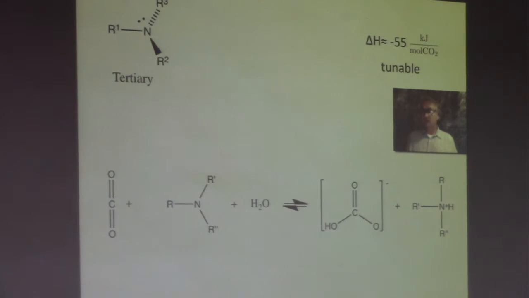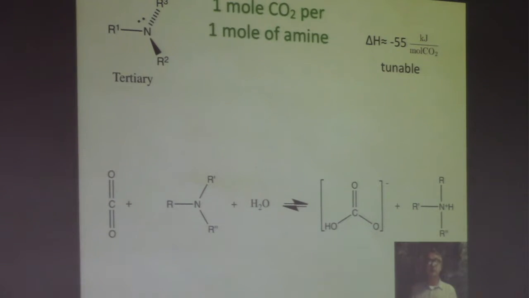And this means that for every mole of CO2 absorbed, we need only 1 mole of amine. So the advantage of the tertiary amine is that it's far more effective in terms of its use of amines, and it has a low and tunable heat of absorption. The disadvantage is that the rates of reaction of CO2 with the tertiary amines tend to be slower than those for the primary and secondary amines.